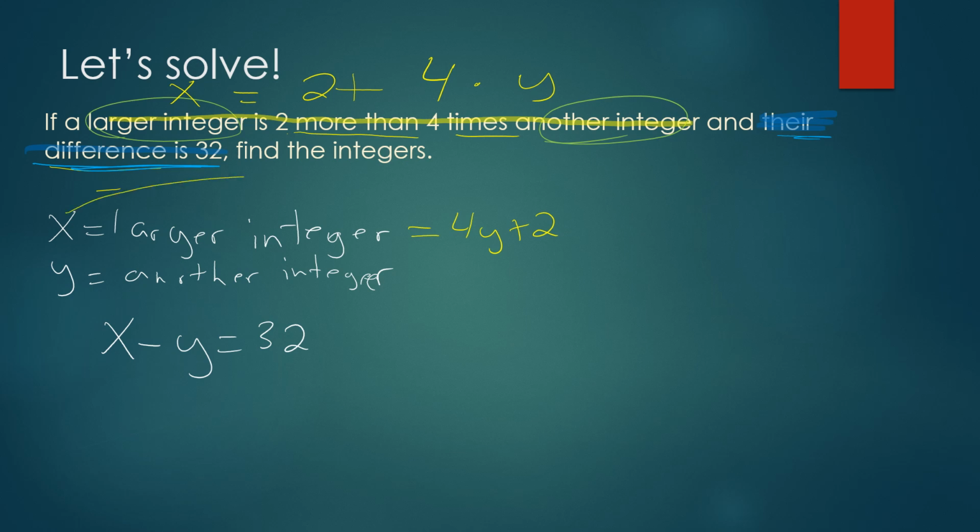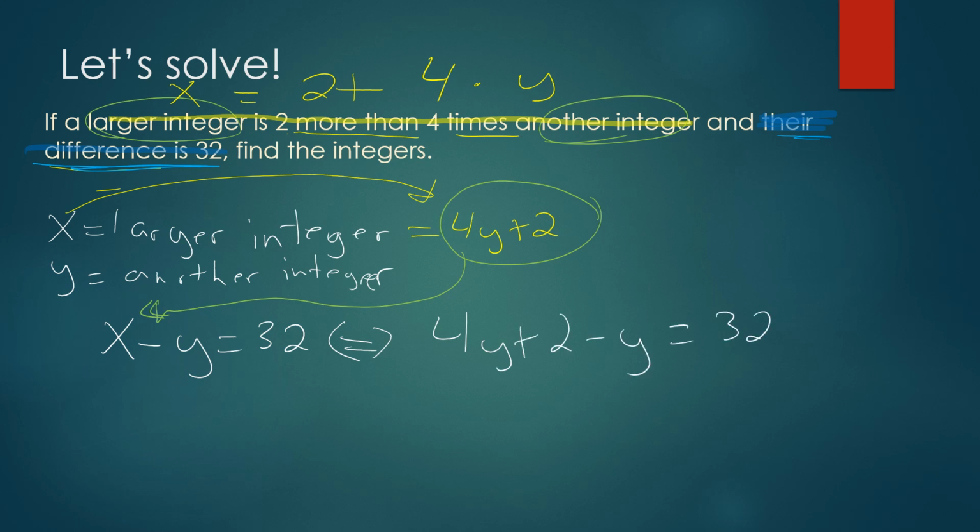So if x is the same thing as 4y plus 2, I can now take this expression and replace it for x. So my new equation becomes 4y plus 2 minus y must be 32.